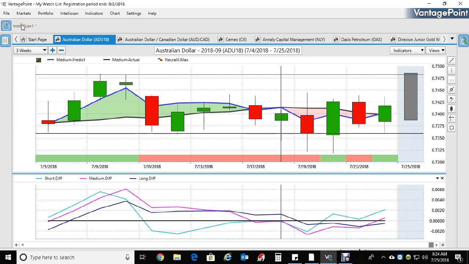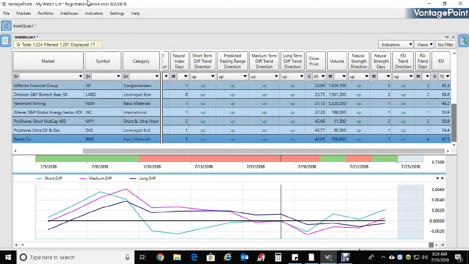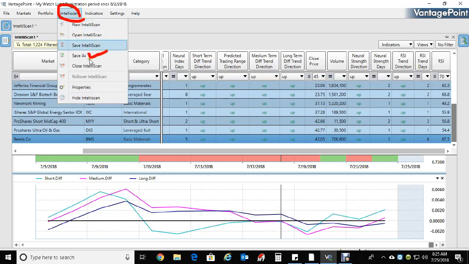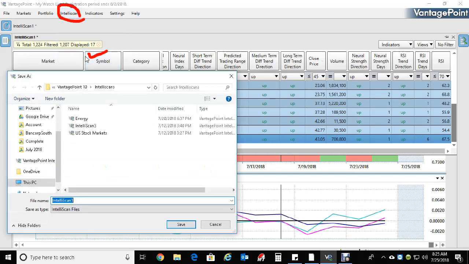Then we have the IntelliScan here that has all of our futures, our ETFs, our US stocks, and the Forex, right? And we're going to save this because this is just going to simply update and display for you every day the ones that meet the criteria. So come over here to your IntelliScan, click over it, and we're going to do Save As as well. And we're going to name it with what we have in it.